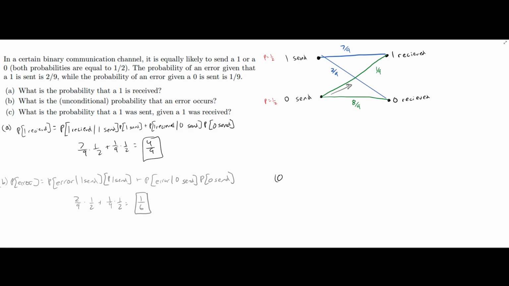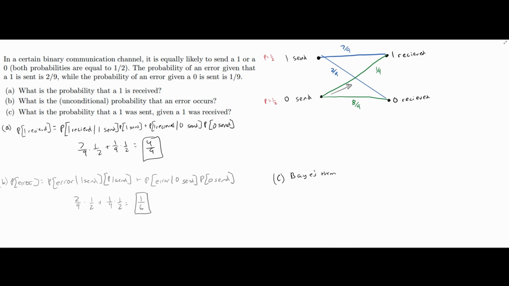asked what is the probability that a 1 was sent given a 1 was received. And for something like this, we are going to use Bayes' theorem. Now, you can look in the description below the like button to find the notes that have this in it.